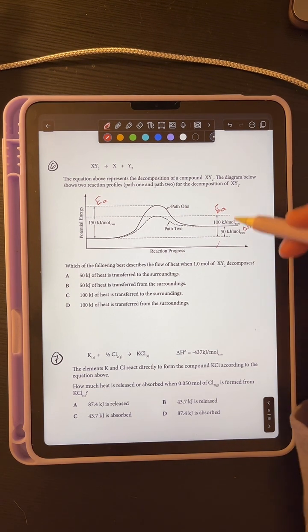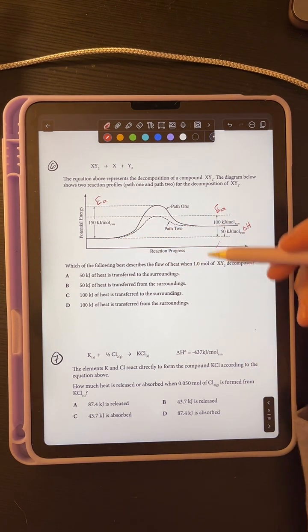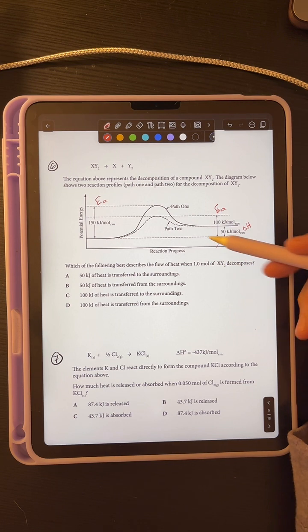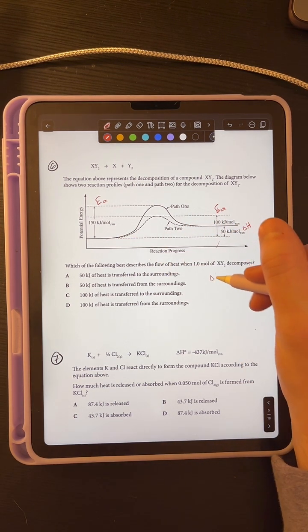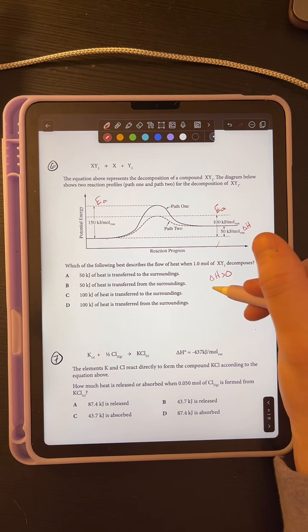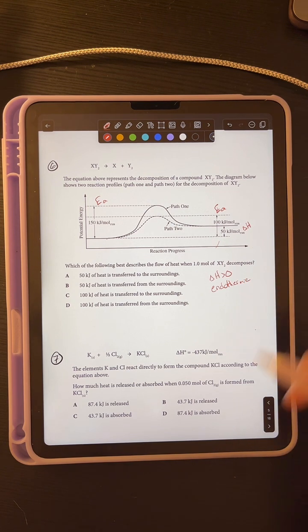Now, if we look here, that value is positive and we're increasing our energy, right? We're going from something down here to something up here. Because our delta H is positive, we are endothermic, right? We're absorbing that heat, that energy.